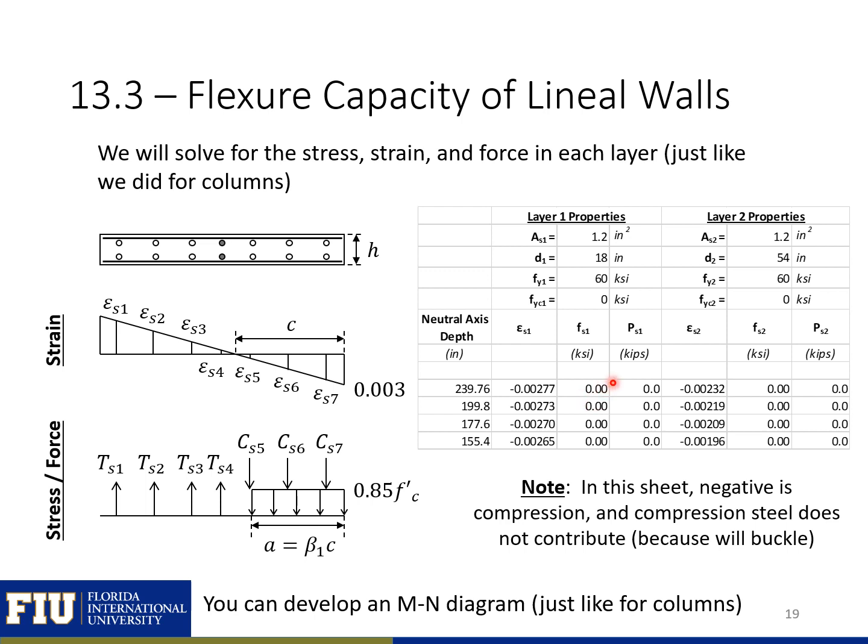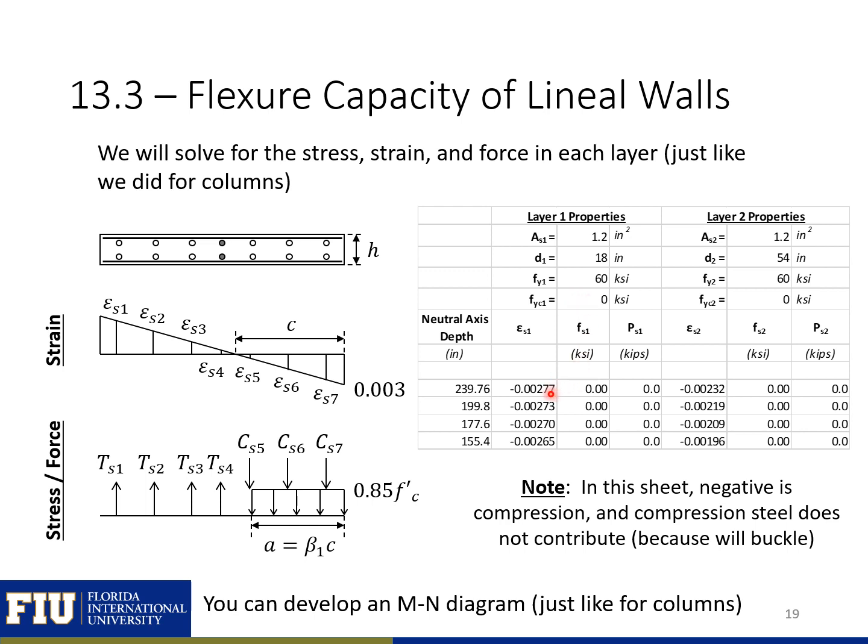And then we have the force in the layer, which is just the stress in the steel times the area in the steel. So then note here that the stress in the steel, I have an upper limit of 60 KSI for tension and a lower limit of 0 if we're in compression.